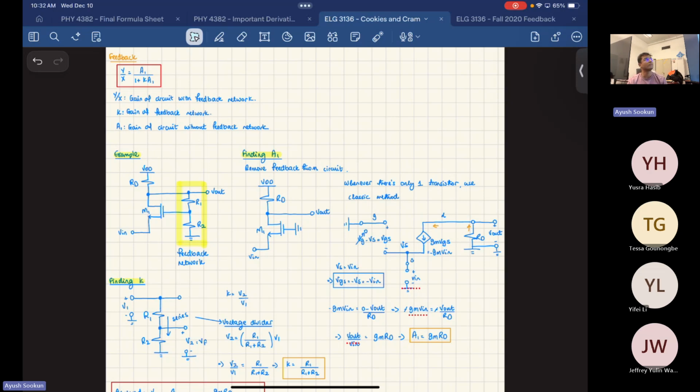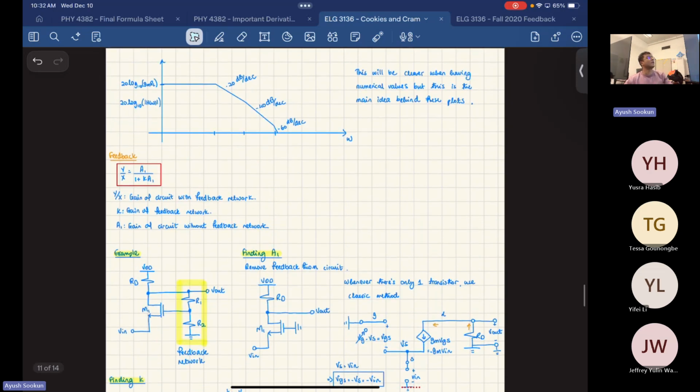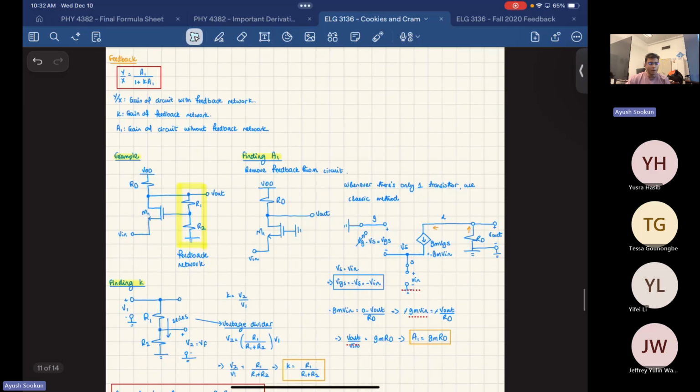And the second thing I need to find is K, which is the gain of the feedback network. Now remember, one thing with feedback is that the gain of your network is the opposite. So your output becomes your input, and your input becomes the output. What do I mean?